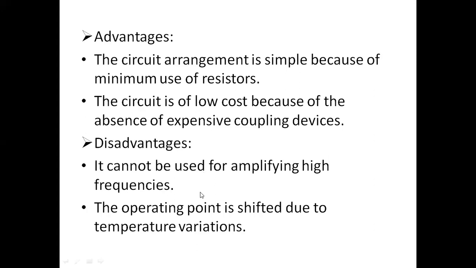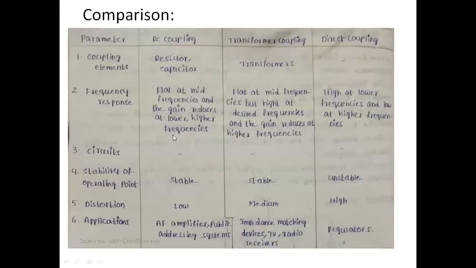One more disadvantage is that the operating point is shifted due to temperature variations and the absence of coupling devices. Due to the absence of capacitance and transformer, the DC content passes stage by stage, and there is a shift in the operating point. So we can have some distortion also.